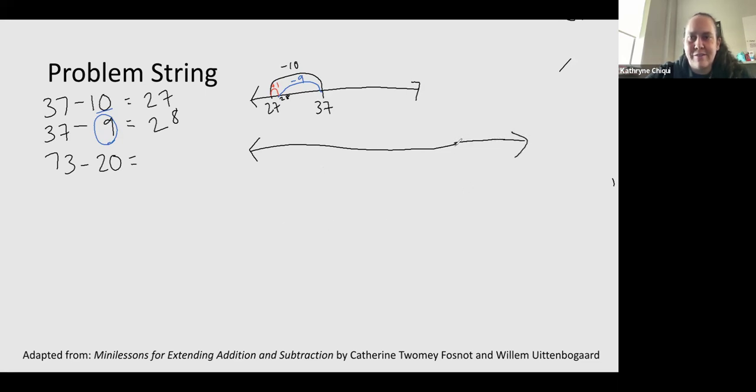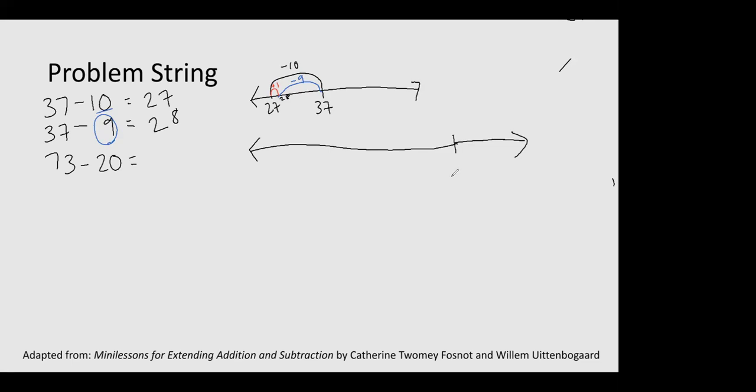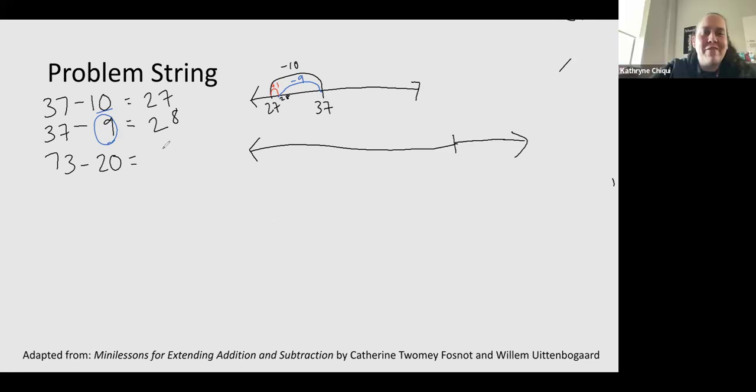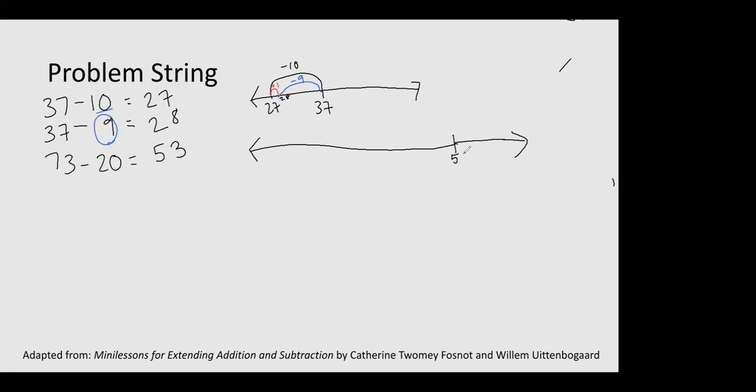Sorry for the very not straight number line. All right, so I see that many of you have typed in 53. There is somebody who says 70 minus 20, but then you add 3.